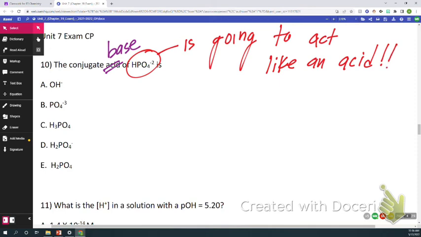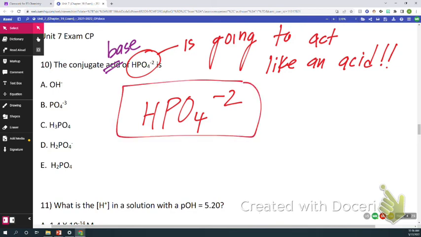What did I say acids do? They donate an H plus. So if you're sitting like this, and an H plus is going to pop off, what are you going to turn into? You're going to lose the H, right?